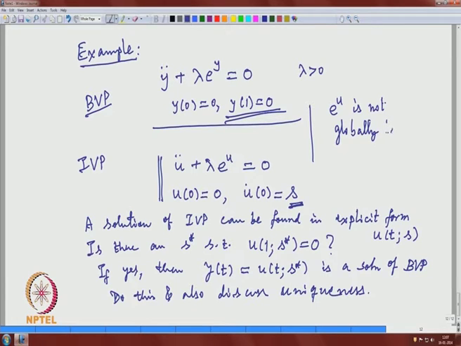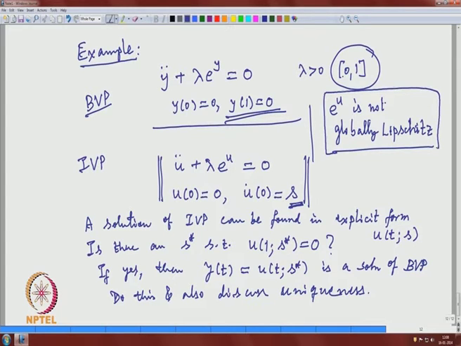So, this condition is not really necessary. What we want is the solution to the initial value problem to exist for the interval in question, which here is just [0, 1]. We are satisfied if a solution of the initial value problem exists for all t in this interval. We are not bothered whether it blows up outside. So, there are possibilities of weaker hypotheses.